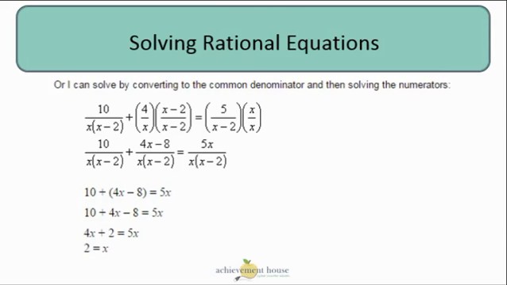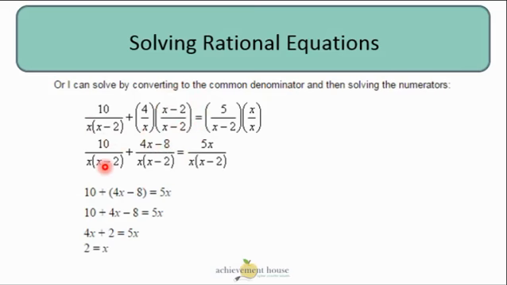So instead of multiplying each term by the common denominator, what you can do is multiply each term by what it needs in order to complete the common denominator. For example, 10 over x times x minus 2, the common denominator is already there.